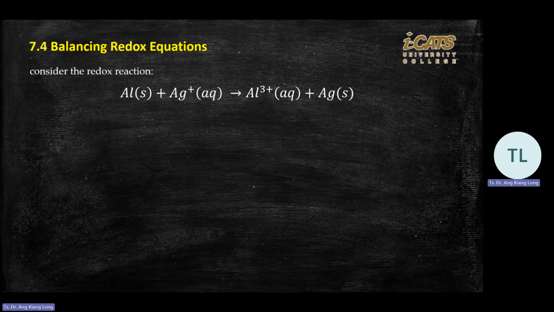So observe the steps. You see a general equation, in this case Al plus Ag+ becomes Al3+ plus Ag. Without any exercise, Al becomes Al3+. What does this process mean? Al becomes 3+, so it lets go of electrons, and letting go is oxidation.